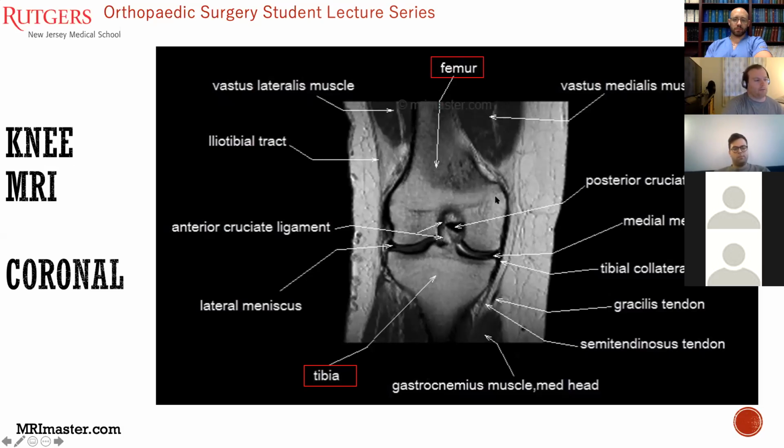You also want to evaluate the medial collateral ligament as it comes down, connecting the femur to the tibia, as well as the lateral collateral ligament and structures such as the IT band that come down laterally.